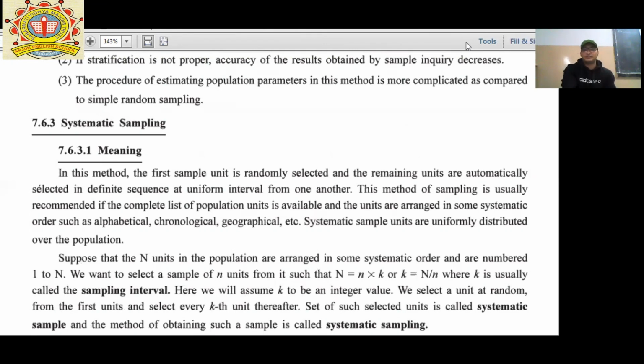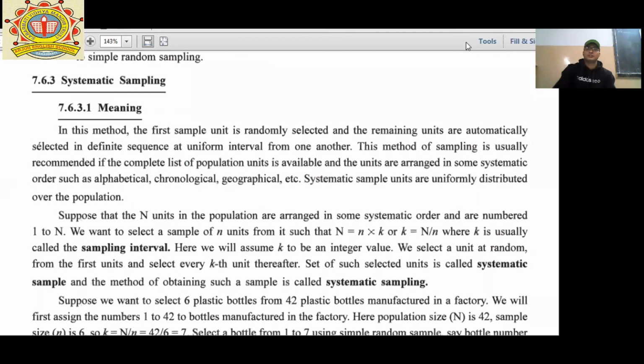Third type, systematic sampling. Here in this method, the first sample is randomly selected and the remaining units are automatically selected in a definite sequence at uniform intervals from one another.